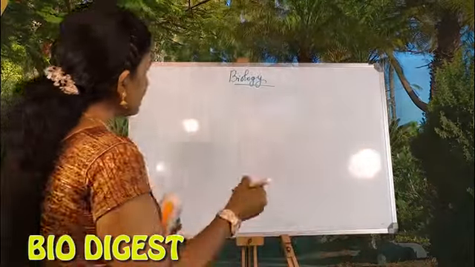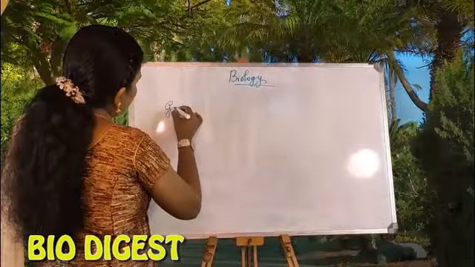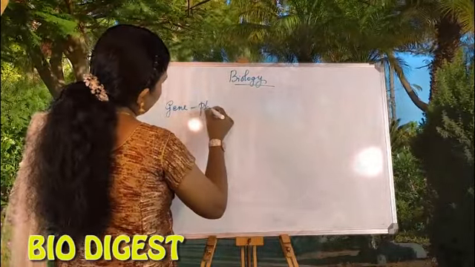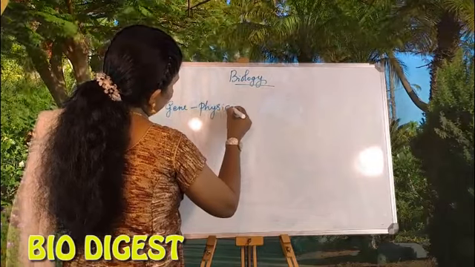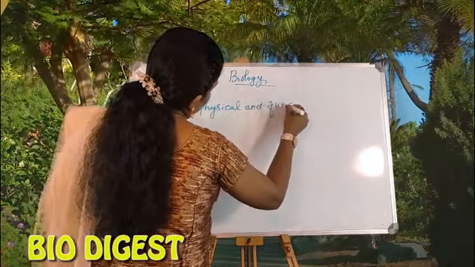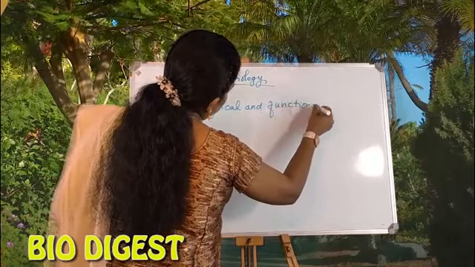As we studied the structure of chromosomes, we will learn the definition of a gene also. What is the simplest definition of a gene? A gene is the physical and functional unit of heredity. This is the simplest definition.